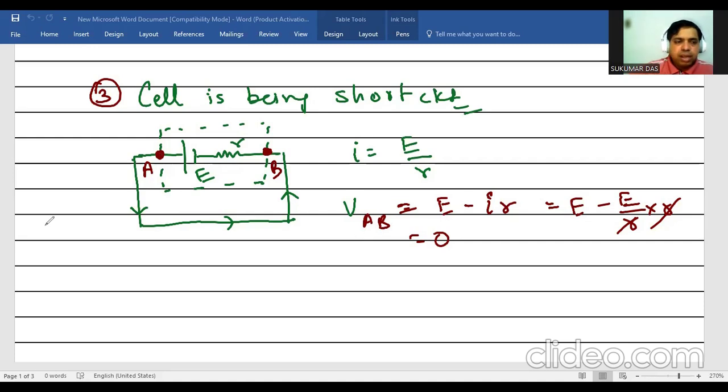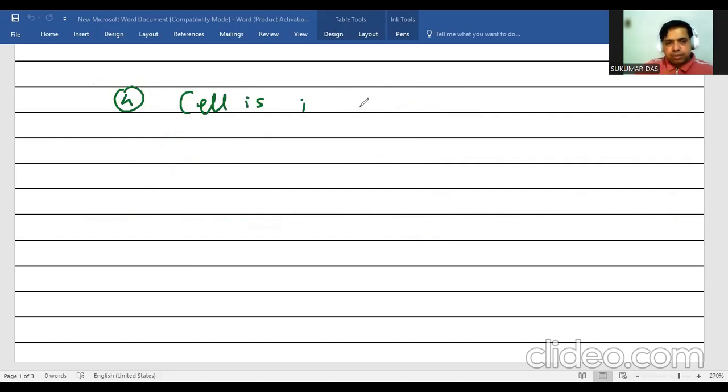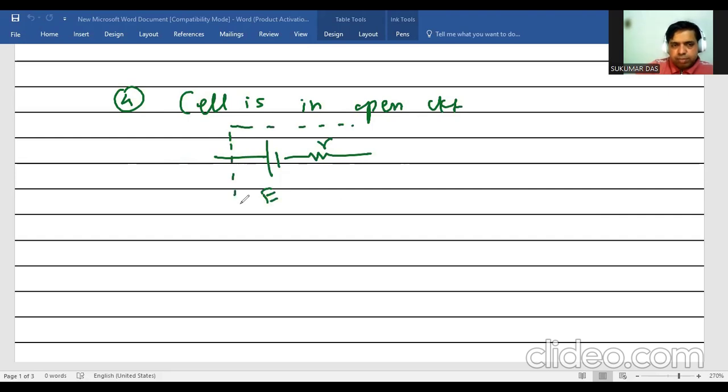Got it. Okay. Now let us look into the last scenario, when we will keep the cell in open circuit. That means the circuit is not closed. Let us look into the fourth scenario. Here the cell is in open circuit. So this is the EMF E. This is the battery outer part, just the boundary of the cell, and it is not connected to anything, and the circuit is open.